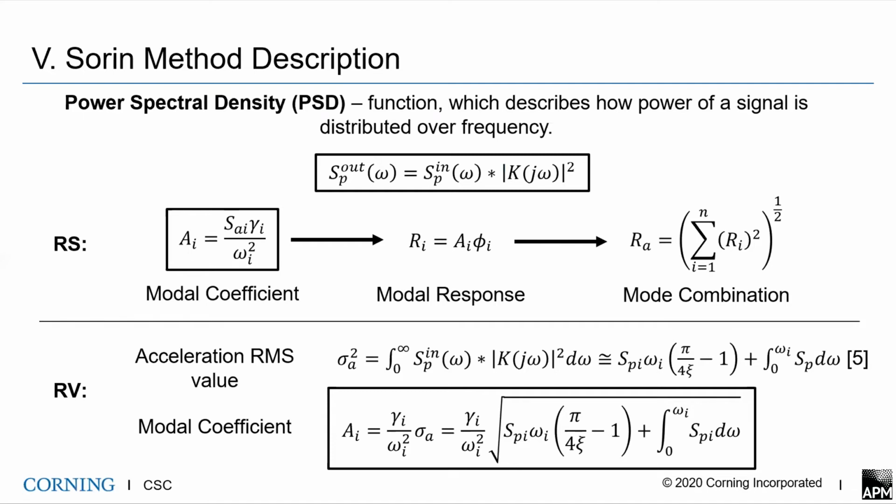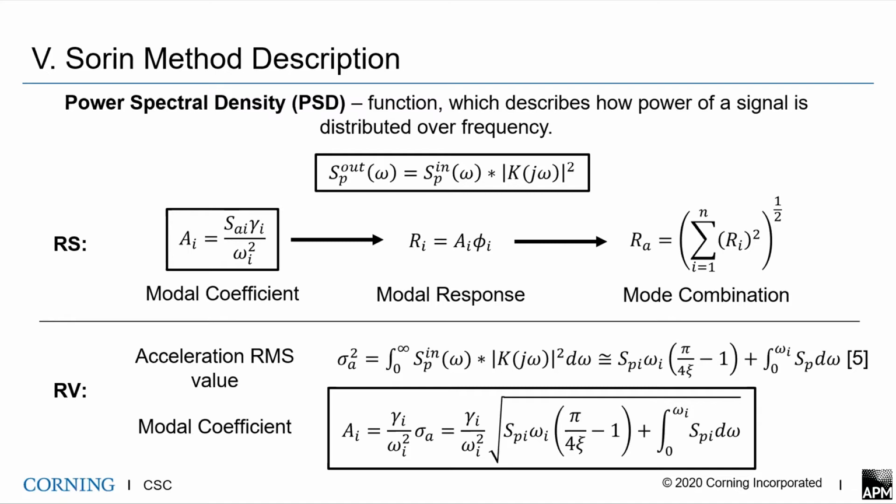Using random vibration theory allows us to calculate in-structure power spectral density function, PSD, knowing ground power spectral density function, SP here on the slide, and corresponding transfer function from ground to the point of interest inside structure. Numerically, in-structure PSD can be obtained by using, for example, ANSYS Mechanical APDL RPSD function.